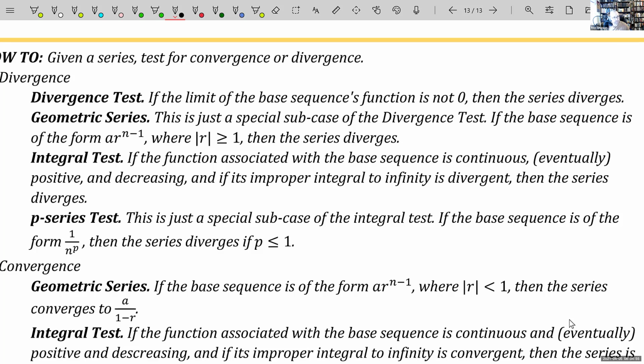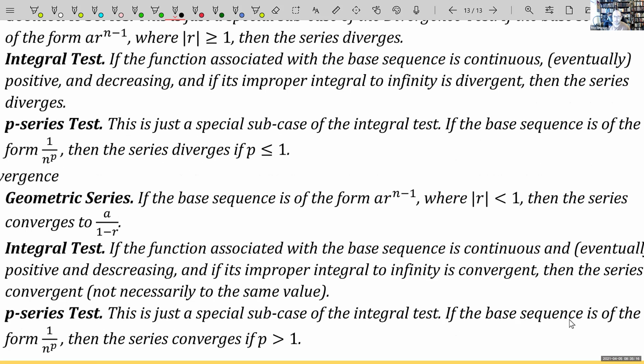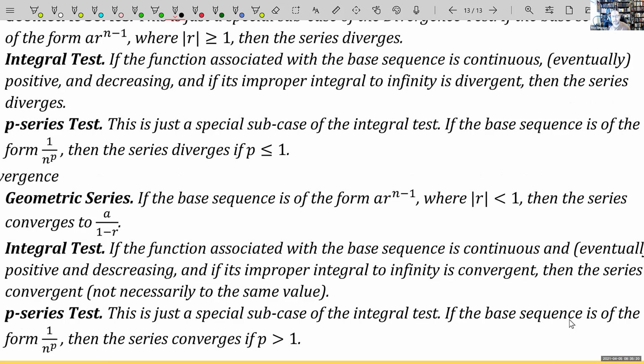If you're using the integral test, well, if the function associated with the base sequence is continuous, eventually positive and decreasing, and if its improper integral to infinity is divergent, then the series diverges. So basically the integral and the series converge or diverge together. And then a very special subcase, p-series test, which you can't use that often, honestly. If the base sequence is of the form 1 over n to the p, then the series diverges if the power is less than or equal to 1.